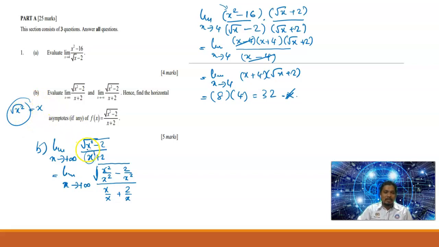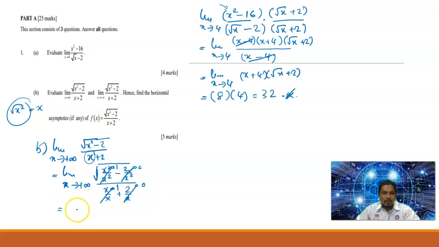So x is the highest degree according to this question, the degree of x from the denominator, which is power of 1. And this is also considered as power of 1 here. Okay, so x squared divided by x squared equals 1. 2 divided by x squared equals 0. Then here 1 and here is 0. So what do we get then?